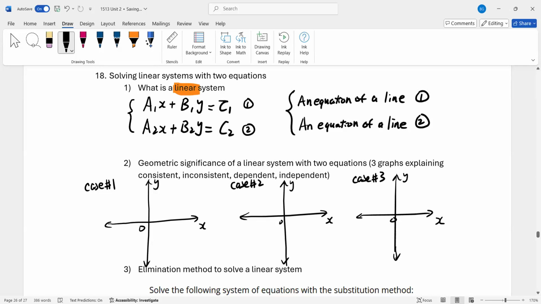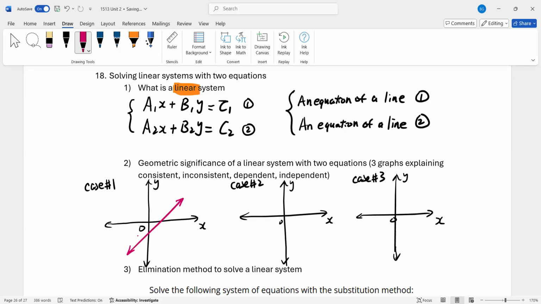Since the two equations in the system represent straight lines, we have three cases for the solutions of the system. In the first case, the two straight lines do not overlap and are not parallel; they cross. Let me use red to represent the first line, the one corresponding to the first equation.